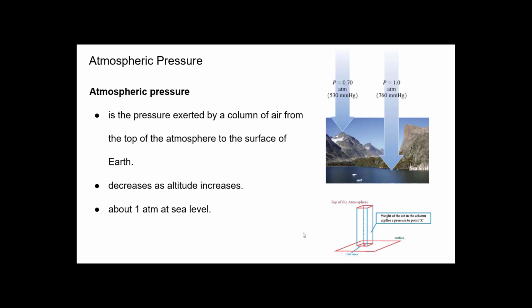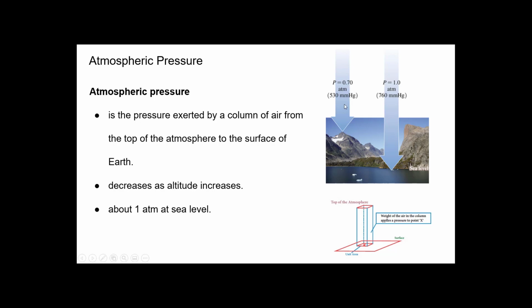Okay, so let me explain a little bit more about atmospheric pressure. Atmospheric pressure at sea level is 1.0. But as you start going up, up, up, you know, they say the air is thinner up there. So I'm going to explain what that means. If you go up, now the pressure is 0.70. What's happening here?